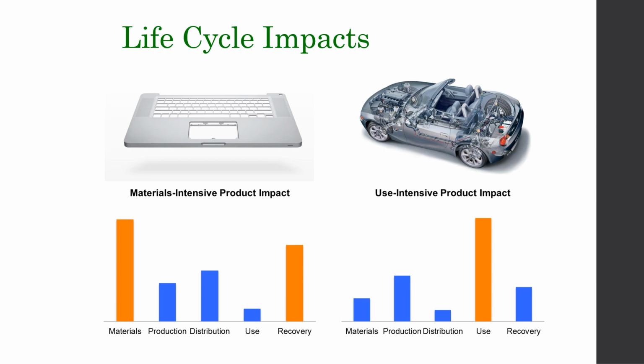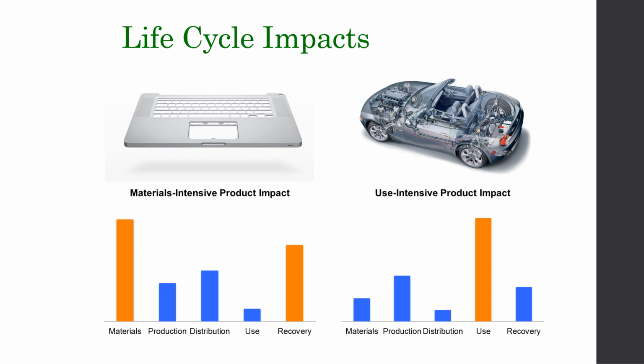So our electronics are made of a lot of metals, cadmium, chromium, lead, gold, silver, and the mining of those materials has an extensive impact on the environment. So it shows a very high impact relative to material acquisition. We produce the products, they're distributed. The customer uses the product, and then there's ultimately, hopefully these products are then recycled or recovered.